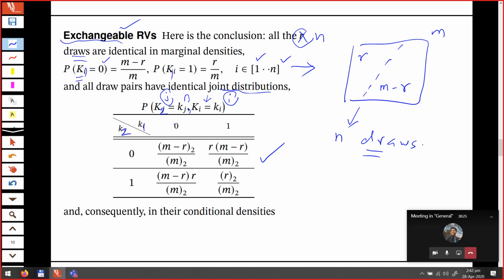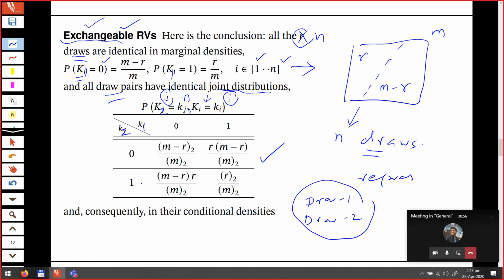So you can replace all the variables as if they were related to the first one, and similarly you can replace all the pairs as if you were looking at the first pair. So the first pair, draw 1 and draw 2, this pair of draws is representative of all pairs of draws. That's the meaning of exchangeable random variables.